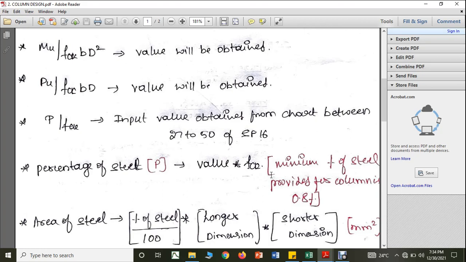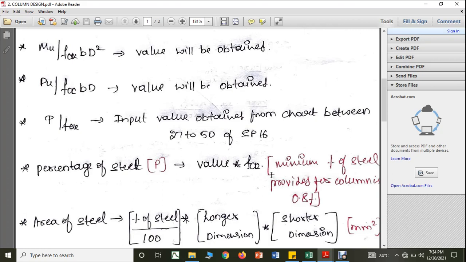You can give up to 6%, but keep in mind that even 6% is practically difficult. Why it is difficult is, you can provide the reinforcement, but after pouring the concrete, while doing the vibration, that is compaction, your compaction will not be done properly. So it is not good.